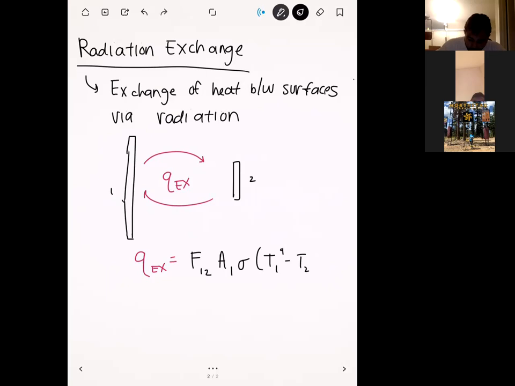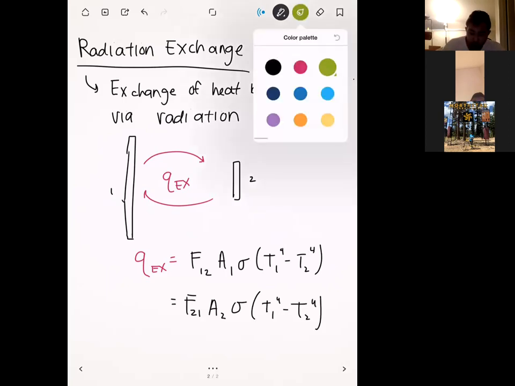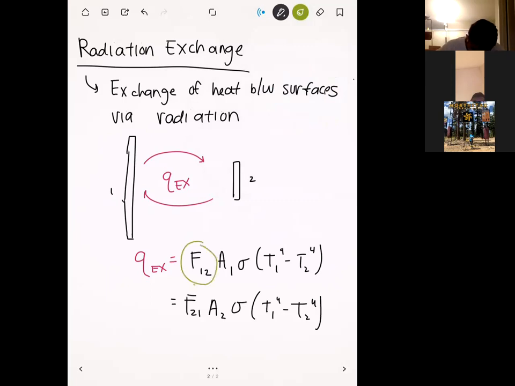One way that we can define this radiation exchange is to say it's equal to F12 times A1 times sigma times the difference between T1 to the fourth minus T2 to the fourth. Or we can say that this is equal to F21 A2 sigma times the same quantity, where the key quantities here are these F values.